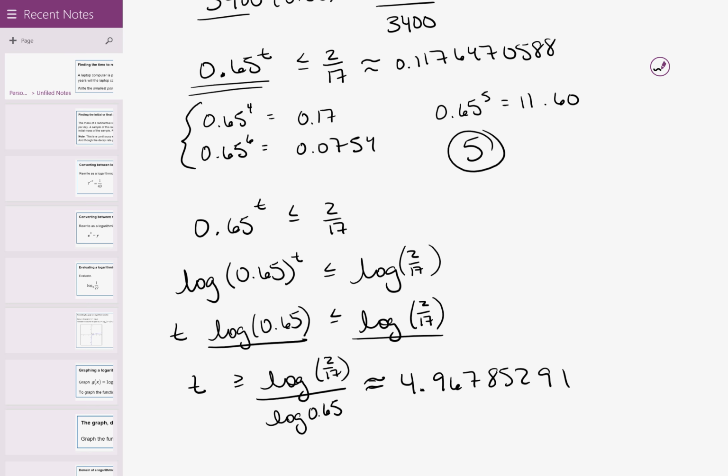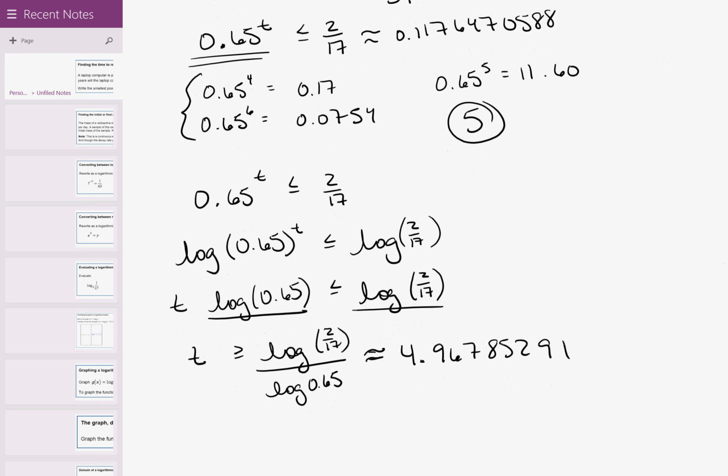And so I know that t has to be a whole number answer. I was given that in the instructions. So t is 5 because it has to be greater than or equal to this. Now, here's the problem. You have to know that's a negative number before you divide both sides of an inequality by it.